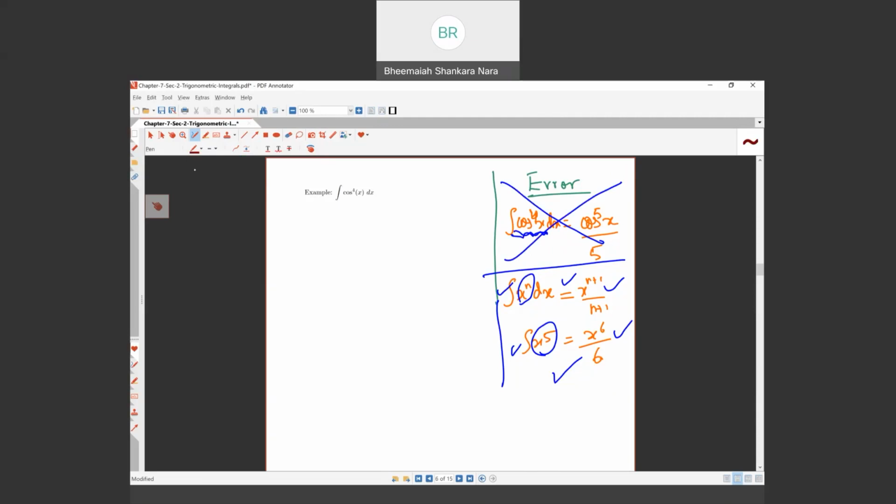Let me choose the cosine square formula. The reason is I will break this integral as cosine square x times cosine square x dx. If I break this as cosine square times cosine square, the formula I will use is cosine square A equals 1 half times 1 plus cosine 2A. In the previous problem, we used sine square A is 1 half times 1 minus cosine 2A.